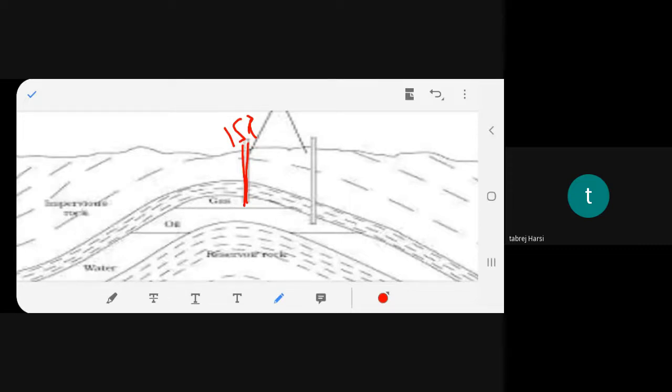We will put another, longer drill below the gas drill and we will take out the petroleum. This is how we take out natural gas and petroleum from the earth.